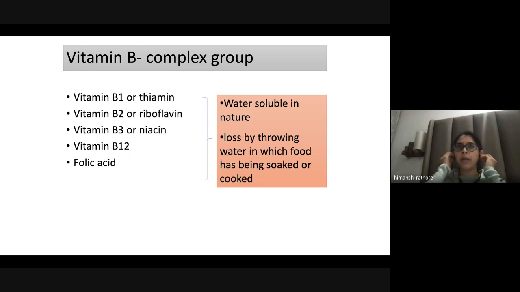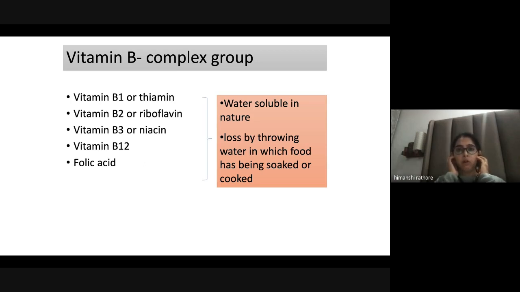They all are vitamin B. And apart from their names as vitamin B1, B2, they have other names also: B1 is called thiamine, B2 is called riboflavin, B3 is called niacin, and vitamin B12 is there, and folic acid doesn't have a B1, B2 numbering, but it is a separate vitamin that comes under the vitamin B group only.